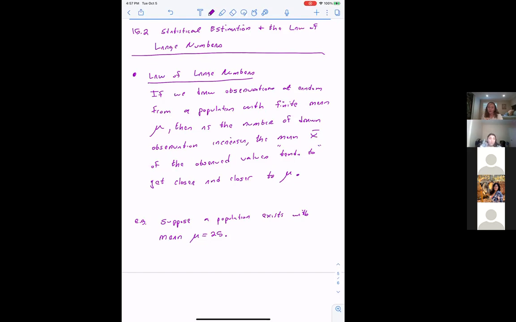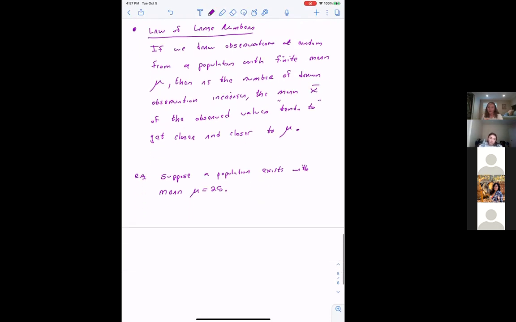So suppose we have the following situation. If we take 2 observations, then X bar, and I'm going to put a subscript 2 there to indicate that it's an average from 2, could really be anything.